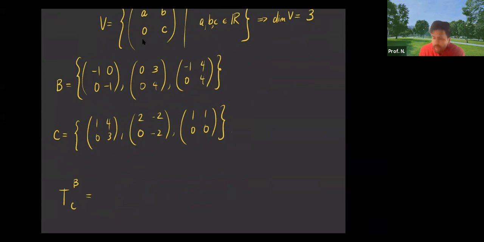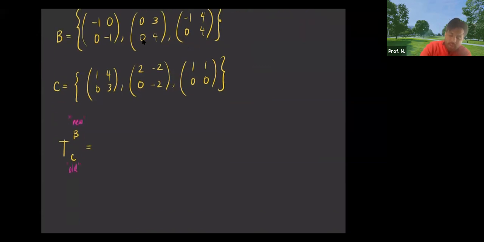So the thing we had to figure out is, how do we go? My old basis is C, and my new basis is B. So what you have to do is write the old in terms of my new.